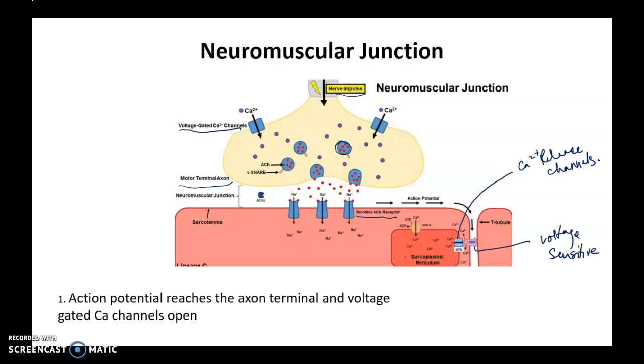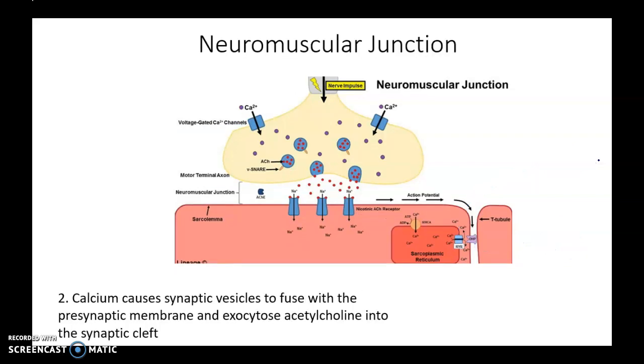Alright, so first what's happening? We have an action potential that reaches the axon terminal and voltage-gated calcium channels open. As the voltage-gated calcium channels open, calcium enters the cell, as shown by the purple balls here, and calcium causes the synaptic vesicles to fuse with the presynaptic membrane and exocytose acetylcholine into the synaptic cleft.